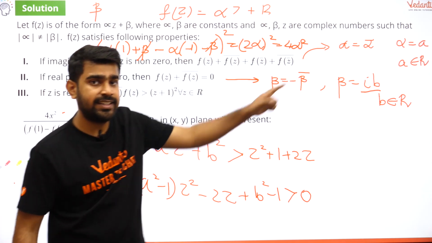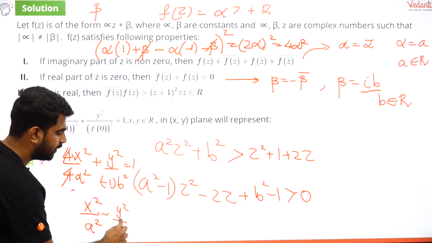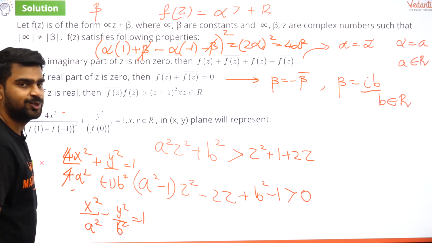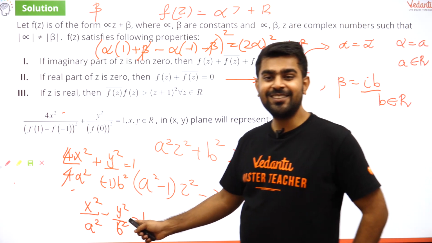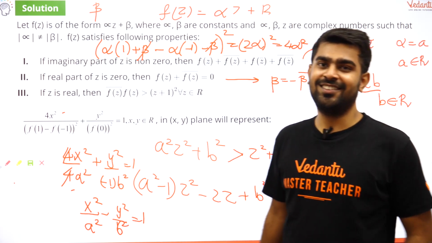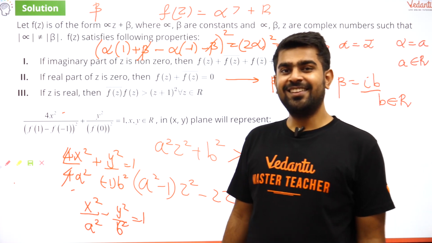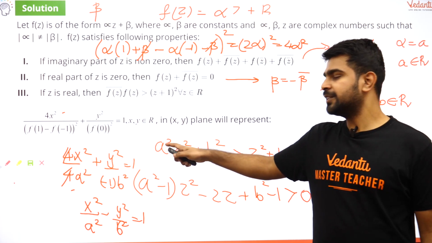Alpha is equal to a, right? A is a real number. Let us talk about real numbers only. Minus y square by b square equal to 1. So what is this? Was it difficult? We got such a simple equation, right? This is the equation of a standard hyperbola. Good question. So that is how we solve it. So the answer for this question will be a hyperbola.